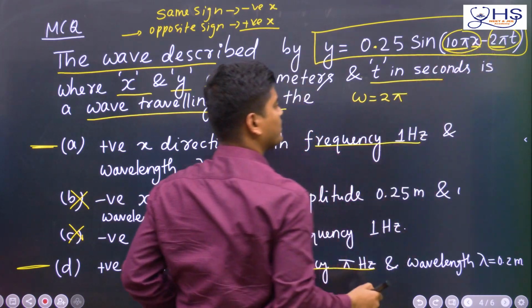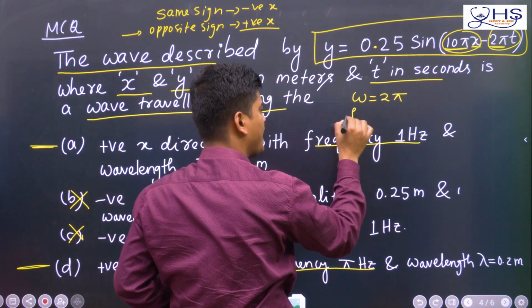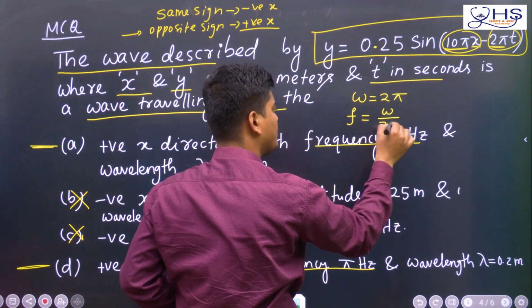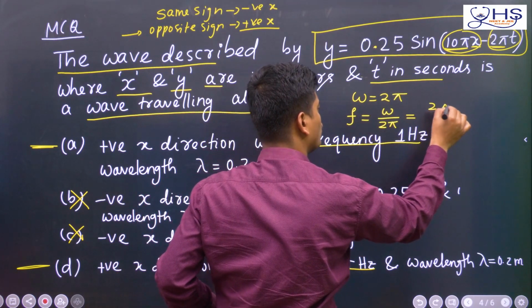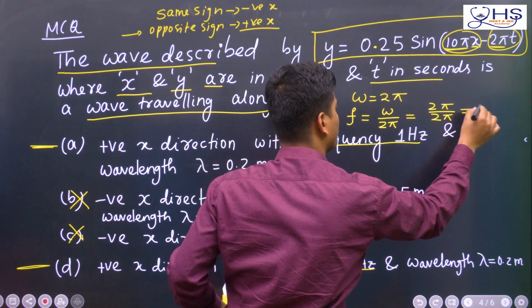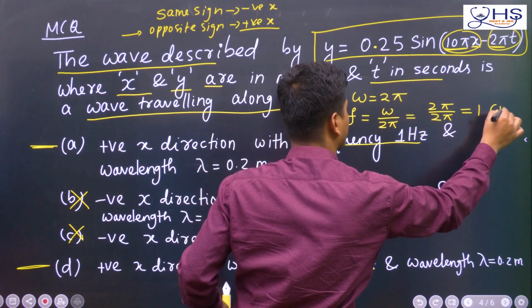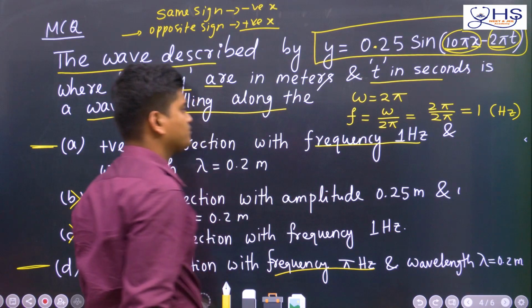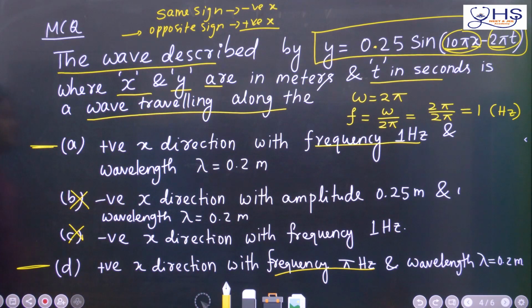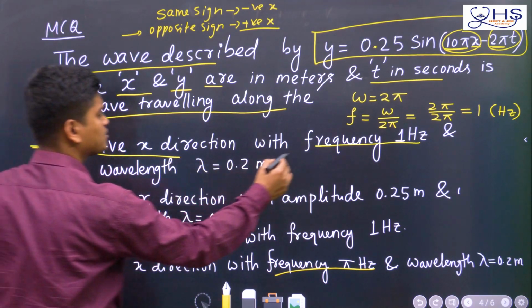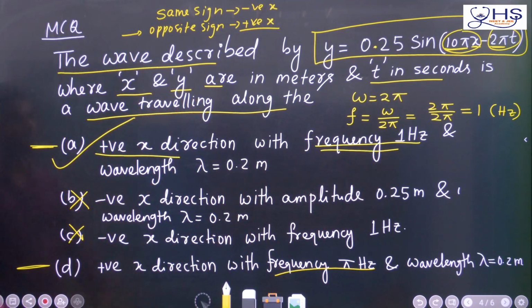Now f equals omega by 2 pi, so it is 2 pi by 2 pi, which comes to 1. Omega is in radian per second, so f is in hertz. So how much is it? A positive x direction with frequency 1 hertz. So the answer will be A.